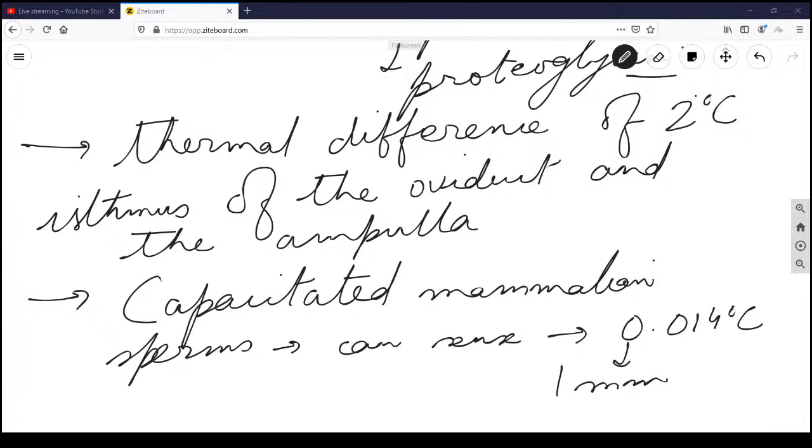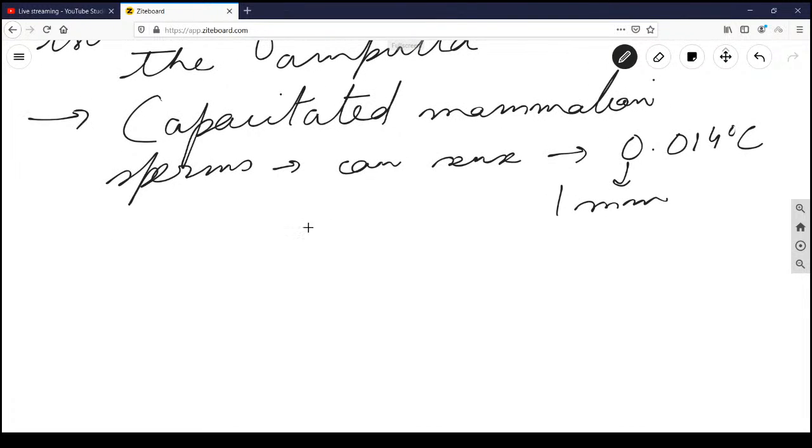Such a low thermal gradient cannot even be detected by our thermometers, right? And then they tend to migrate toward the higher temperature. This ability to sense temperature differences and preferentially swim from cooler to warmer sites is known as thermotaxis and is only found in capacitated sperm. This is one of the benefits of capacitation.